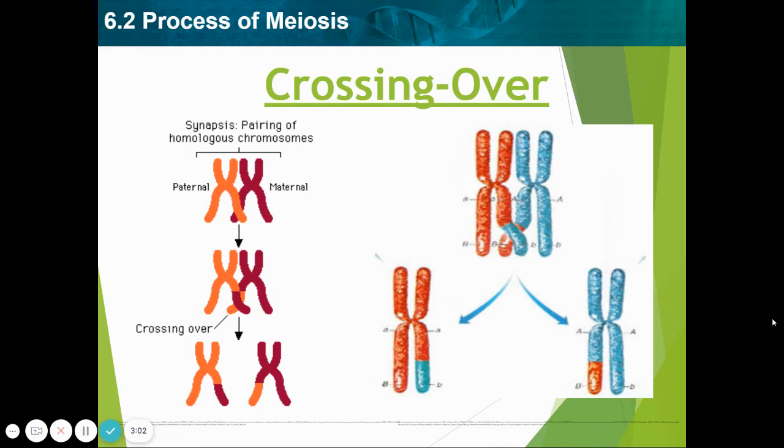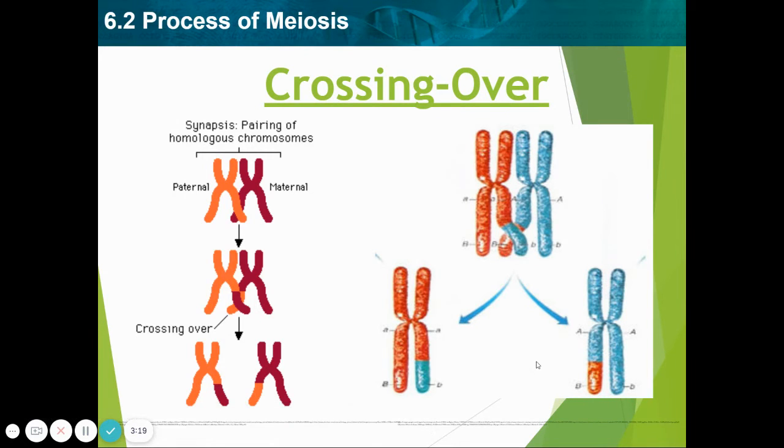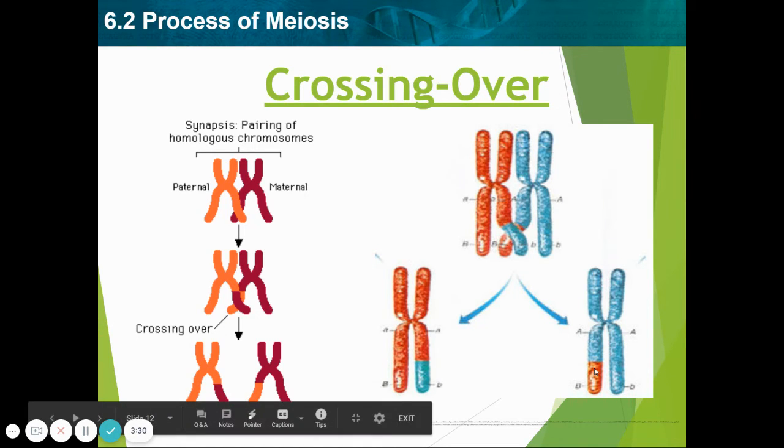So this tetrad has both of these chromosomes in close proximity, around their centromere, kind of together at this point. And you notice there is a little bit of exchange of genetic material between the different chromosomes. This is called crossing over, and what you end up getting are called recombinant chromosomes.